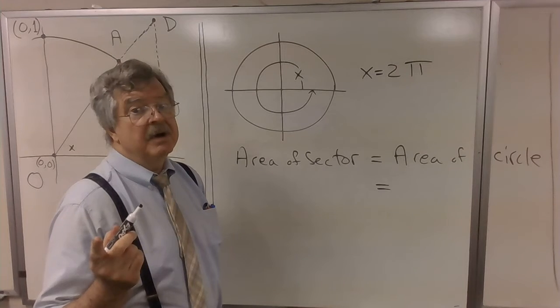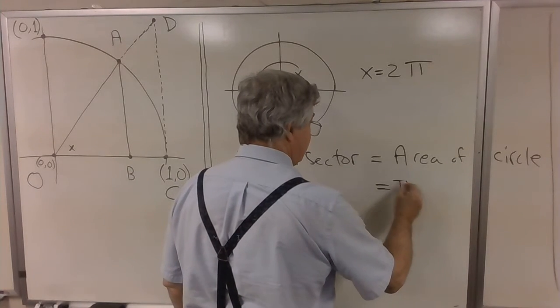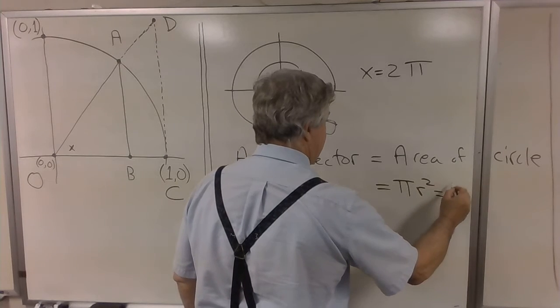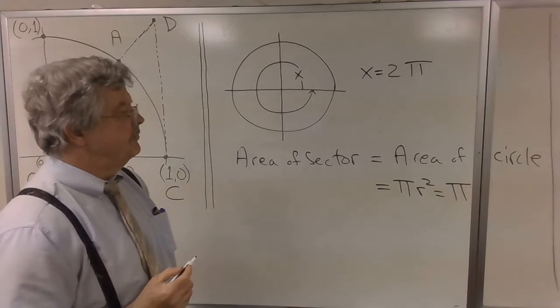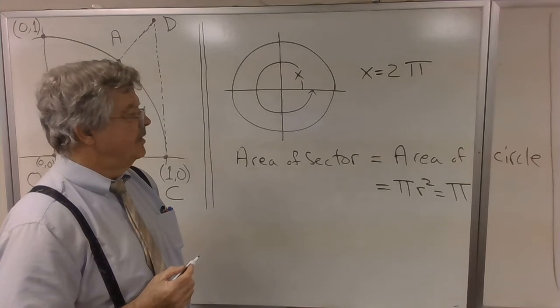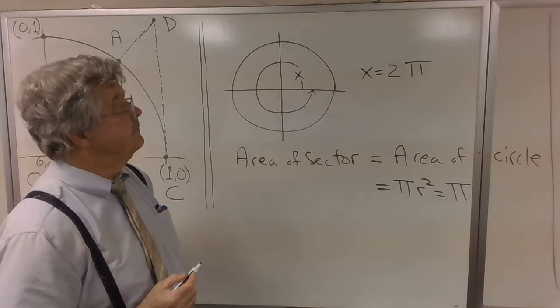But r is 1, it's the unit circle. So the area of the circle, or the area of the sector, is pi.